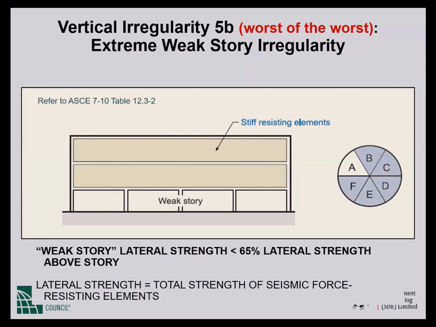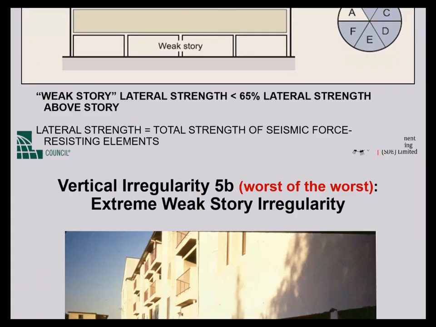The weak story lateral strength is now less than 65% of the lateral strength of the story above. We have said this is the worst of worst irregularities, 5B, extreme weak story.